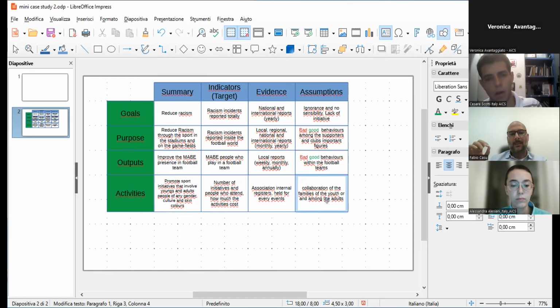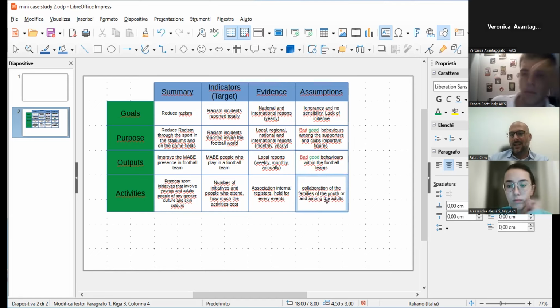Let's assign a code to every activity: number 1, 2, 3, and 4. So you can drill down the outputs as well. So I have output number 1 related to activity number 1, output number 2, and in this way, later on, you can split the indicators. This is the way, step by step.